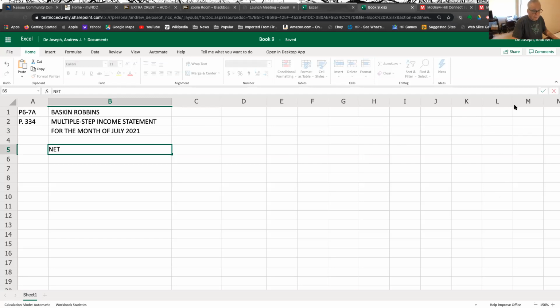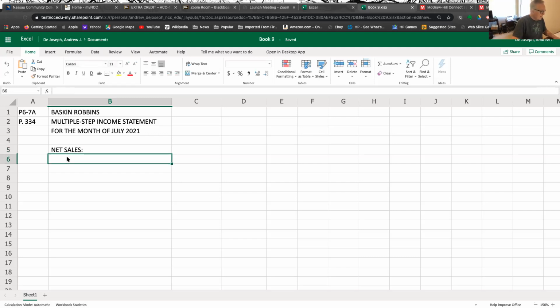I don't know what just happened, but here we go. Net sales. Right, and what is net sales made up of? It's made up of revenue. Let's call it sales revenue.